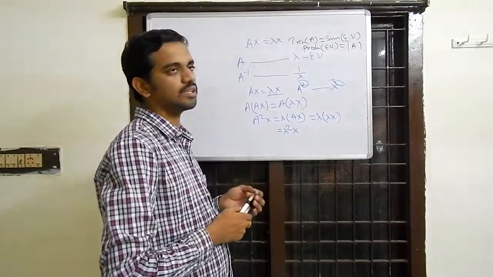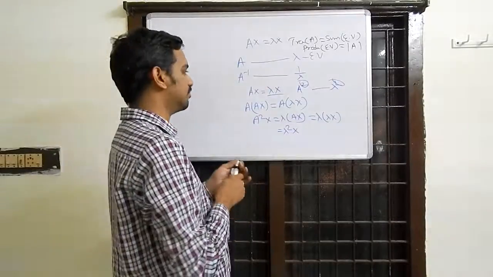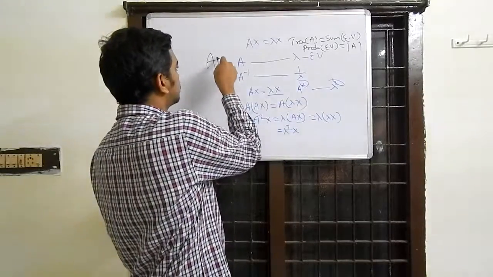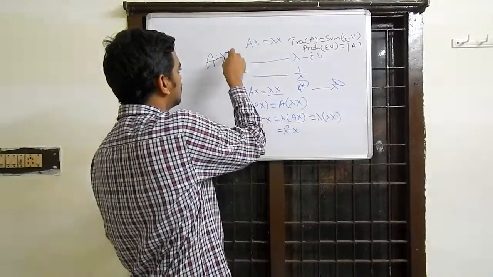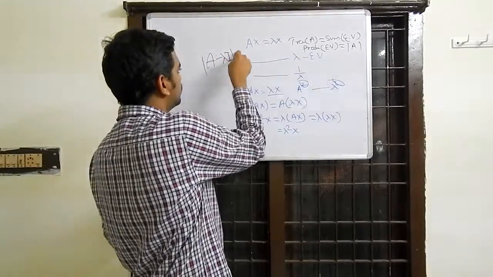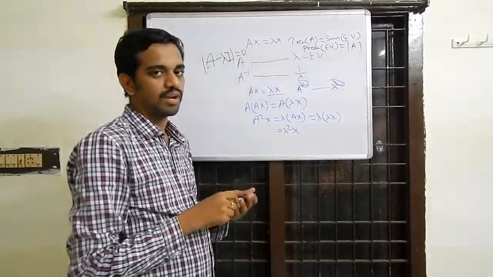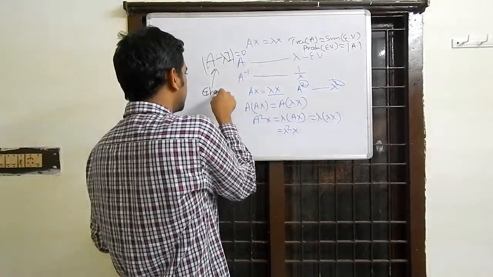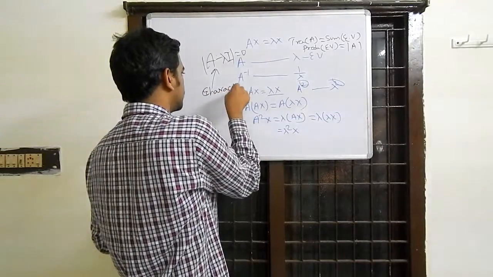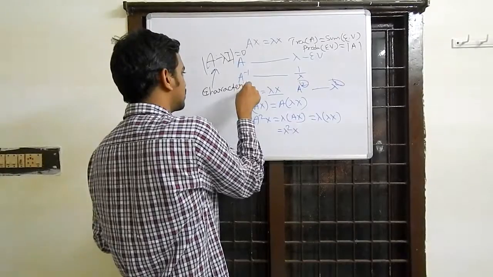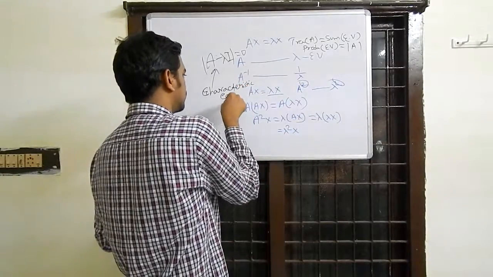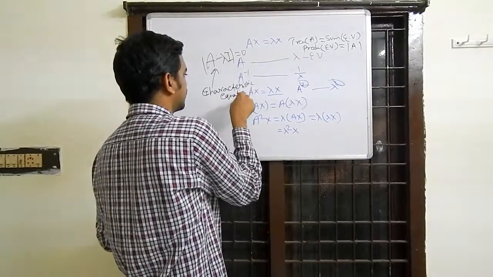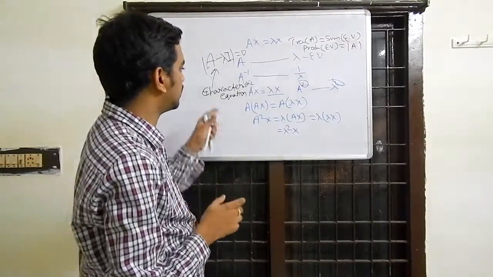If you don't remember, there is no problem. You just simply do A minus lambda I times x is equal to 0 and find out these values. This is called the characteristic equation. Okay, this is the characteristic equation.